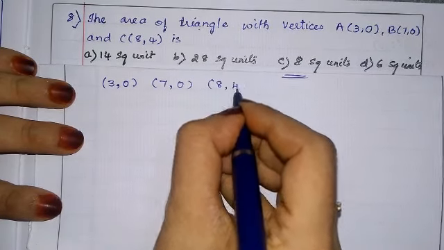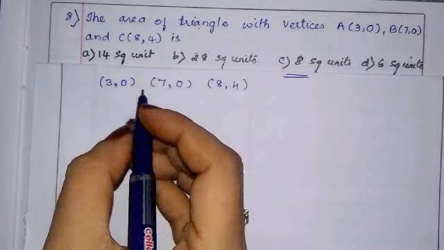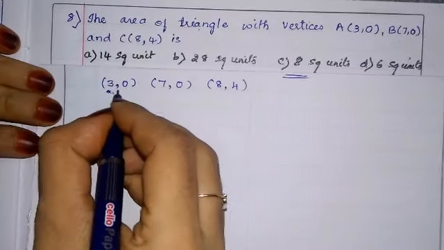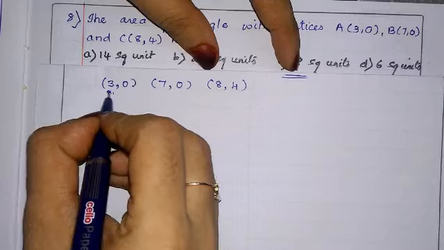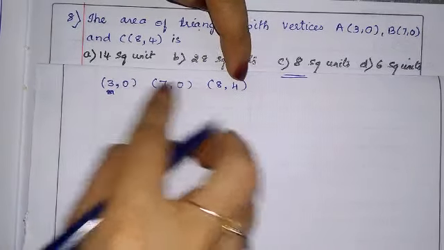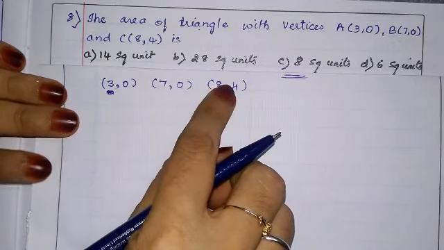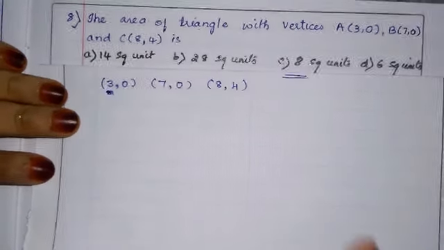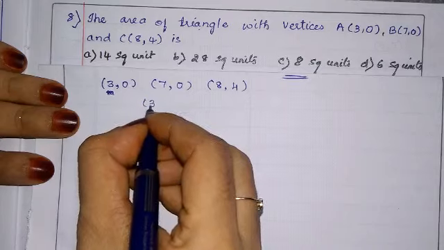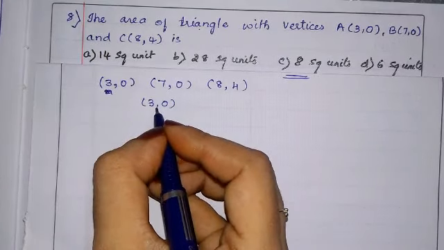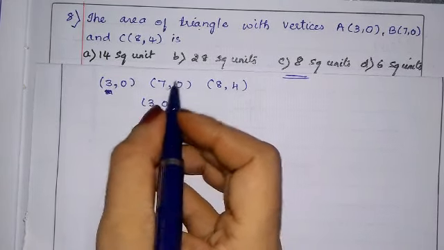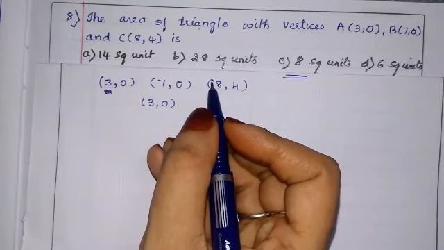These are our first 3 given points, x1, y1, we will write later on. Now, out of these 3 points, any one point we have to take. I will take 3, 0. You can take this one or this one also.